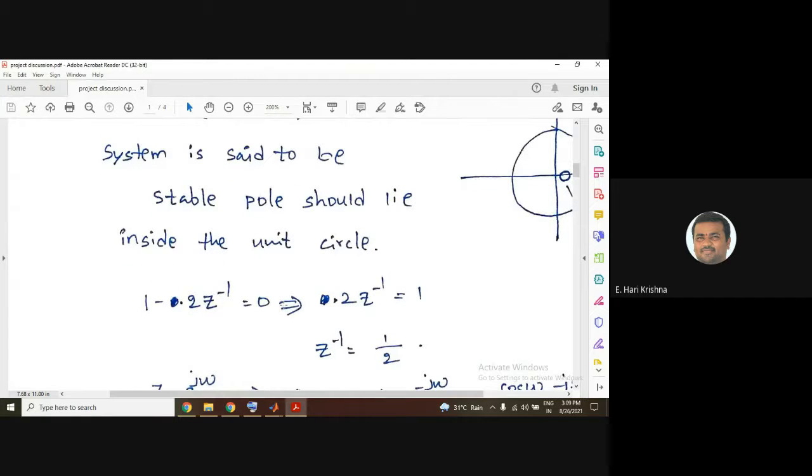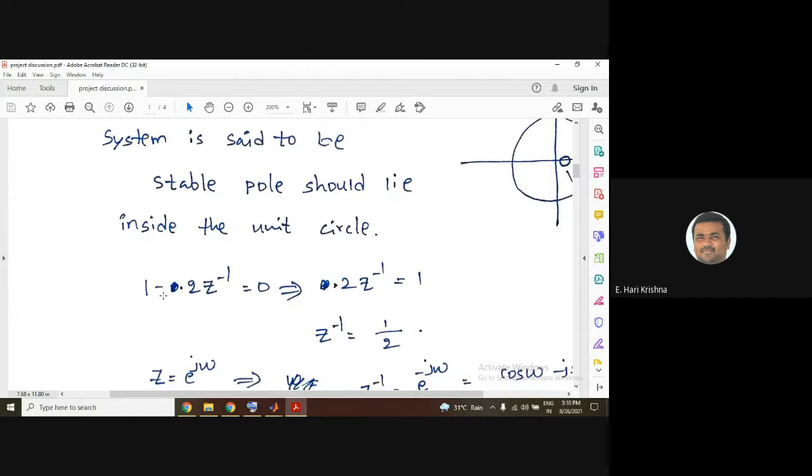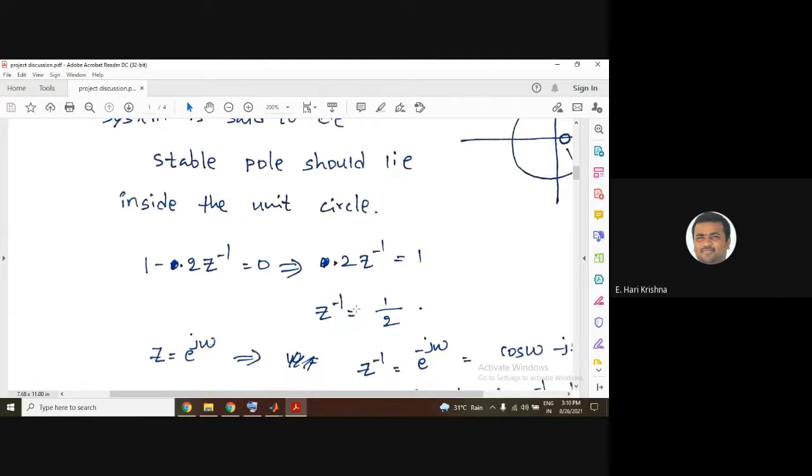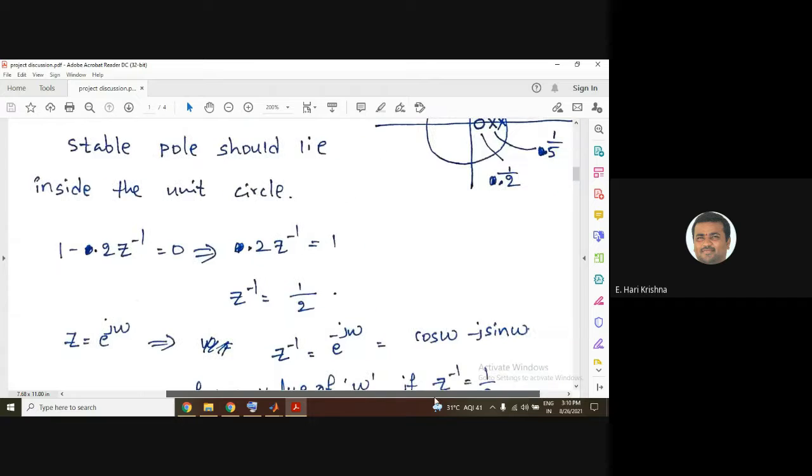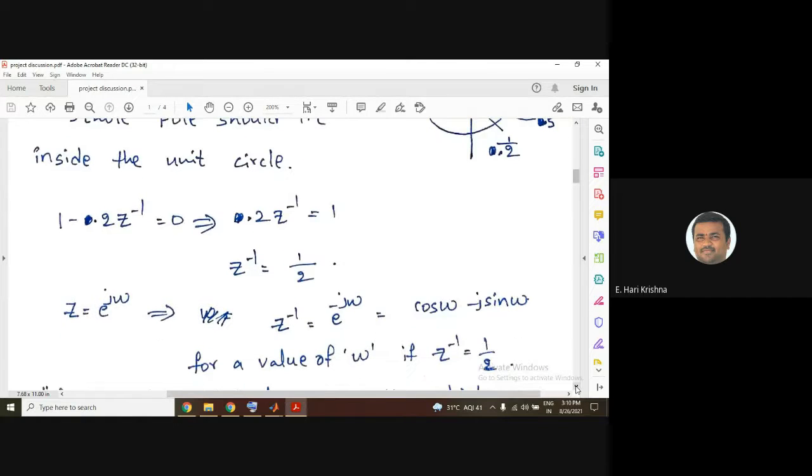And the importance of a pole and the importance of a zero. I have taken here 1 minus 2 z inverse is equal to 0, 2 z inverse is equal to 1, so z inverse is equal to 1 by 2. Consider z is equal to e power j omega, and you will get z inverse is equal to e power minus j omega.